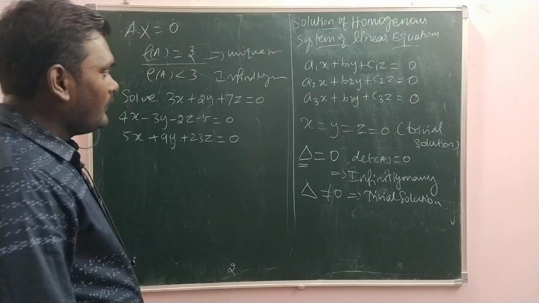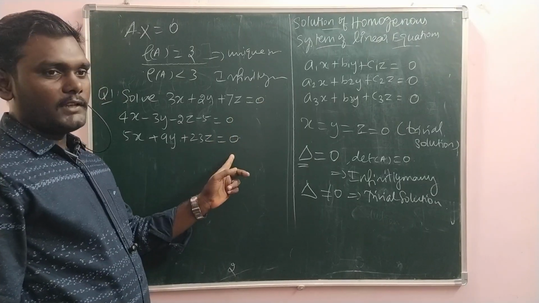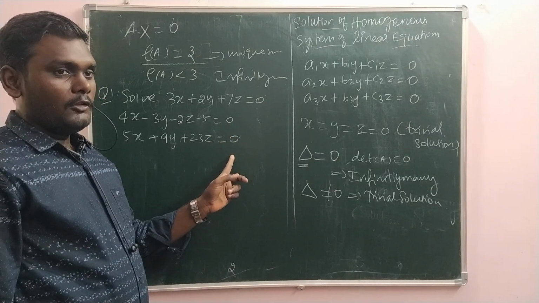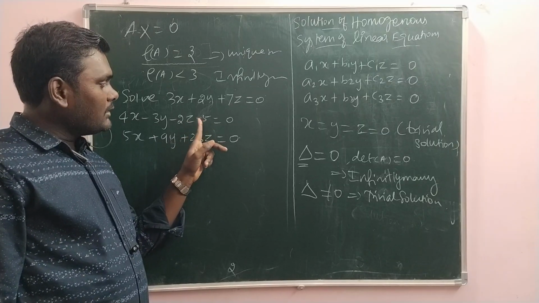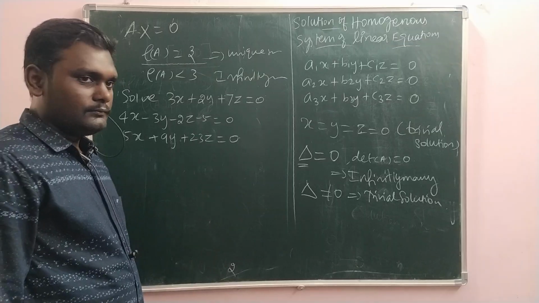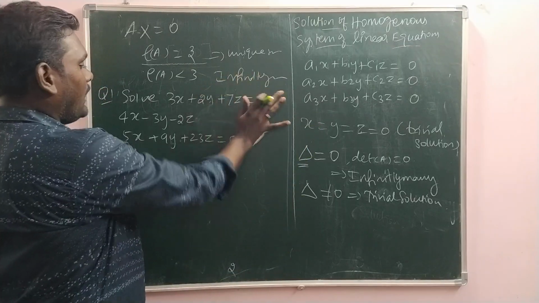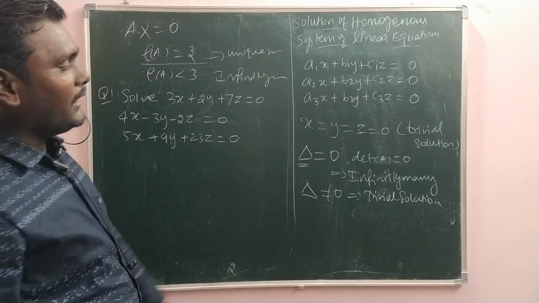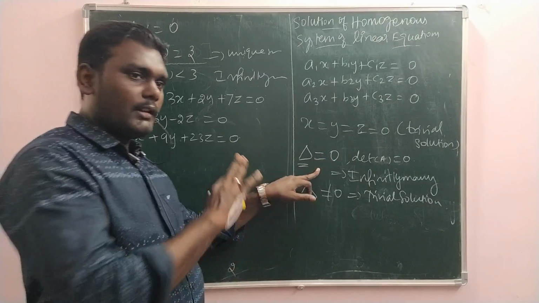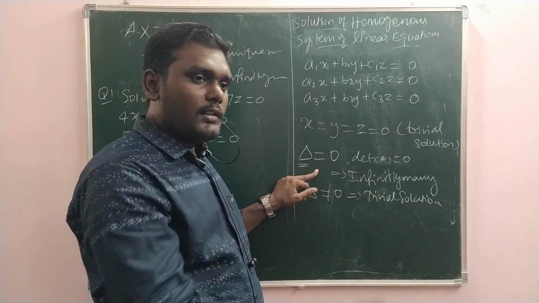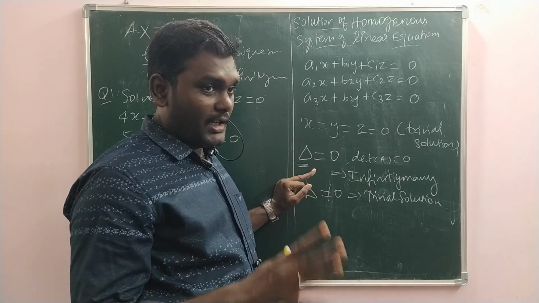We should not decide that it is a homogeneous system just by seeing all three zeros. Just look for a constant term. If any constant term is there, that constant term should be transposed to the other side. Okay. So as this has the entire thing equal to 0, the rank depends entirely on this. We can calculate the determinant. If the determinant equals 0, we say infinitely many solutions, but we can't find the solution.